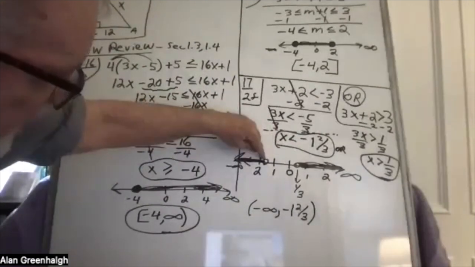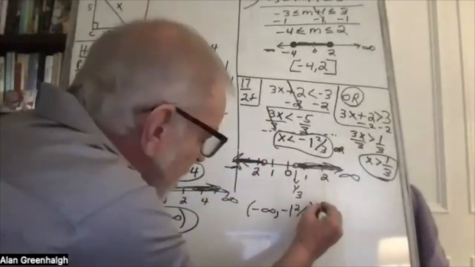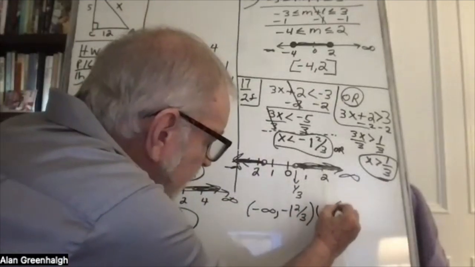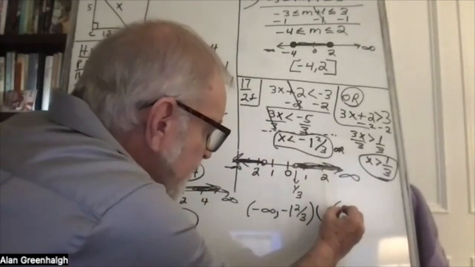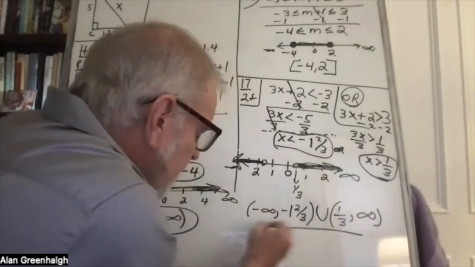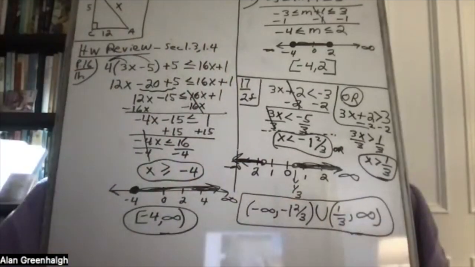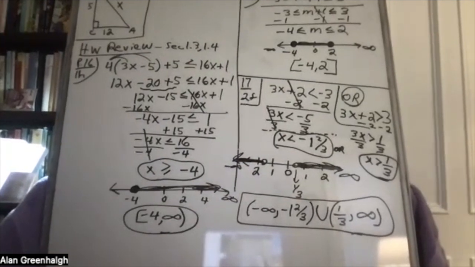This is not shaded in, therefore that's going to be open parentheses, or 1/3 and infinity. This is what the interval notation will look like. And that's the end of the problem.